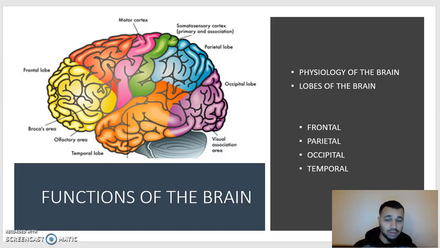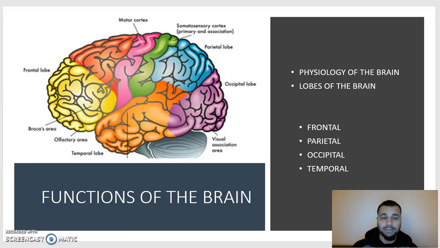So the parietal interprets sensory information such as touch or temperature. Now the occipital lobes process images from our eyes and link it to information that we have in our memory.